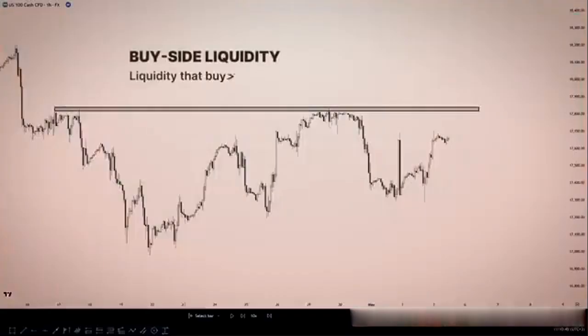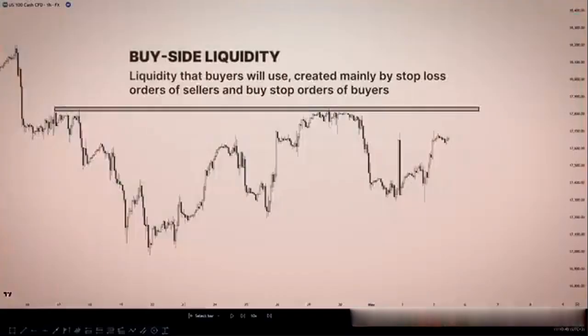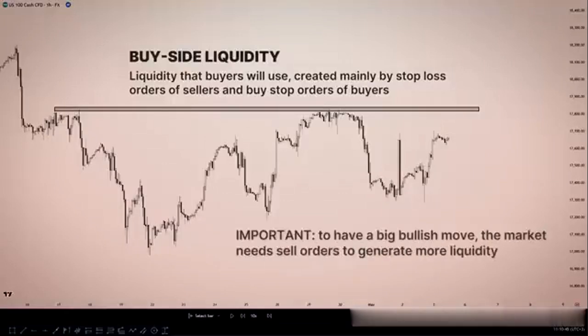Buy-side liquidity is all the liquidity that buyers will use, created mainly by stop-loss orders of sellers and buy-stop orders of buyers. In a bullish market, price often uses buy-side liquidity to fuel the next upward move. To have a big bullish move, the market needs sell orders to generate more liquidity.